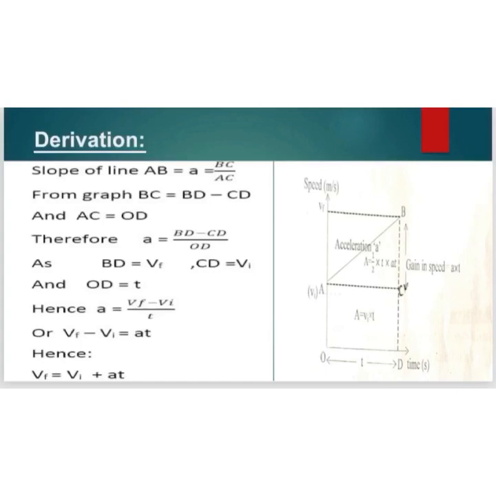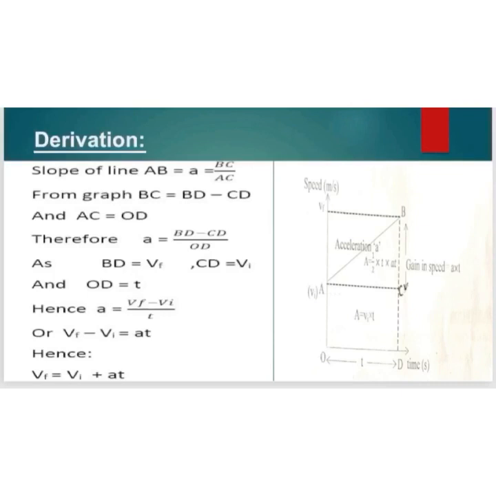Now students, we will arrange this equation. T is in the denominator. It is dividing Vf minus Vi. So when it moves to the other side, it will be multiplied with A. So it will become AT. So the equation is now Vf minus Vi is equal to AT. And students, you can see here that Vi has a negative sign.